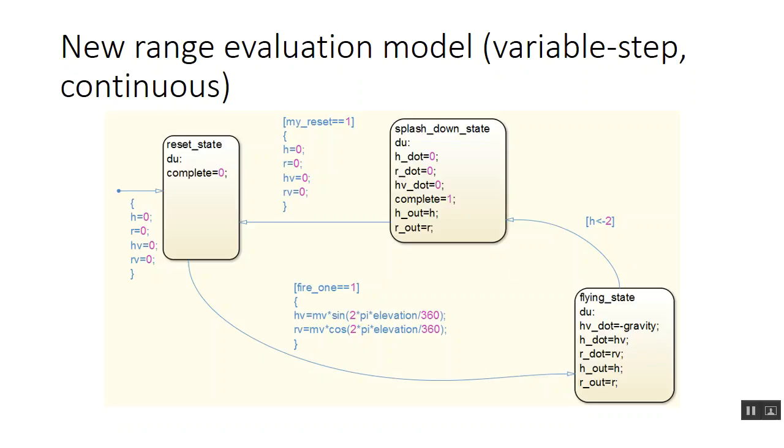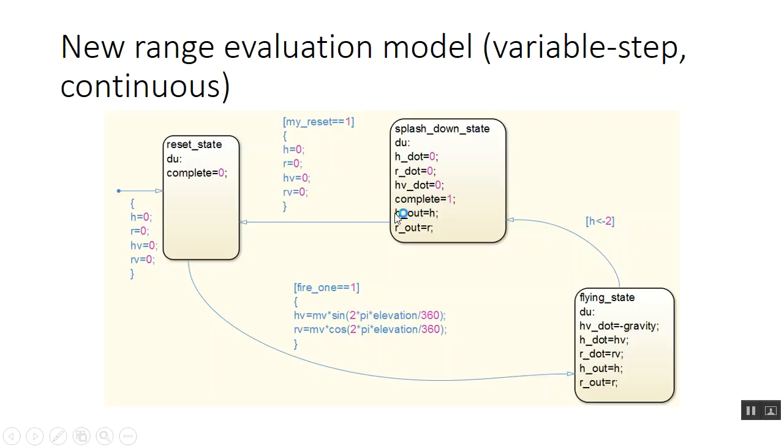We don't have to say, track it every foot. It just says, here's my max step time, and I'll track it when I need to. It'll automatically generate the 0 crossing, so that when our height gets below -2, in other words, we've splashed down and it's in the ocean, it'll generate the 0 crossing, so we won't go too far past it.